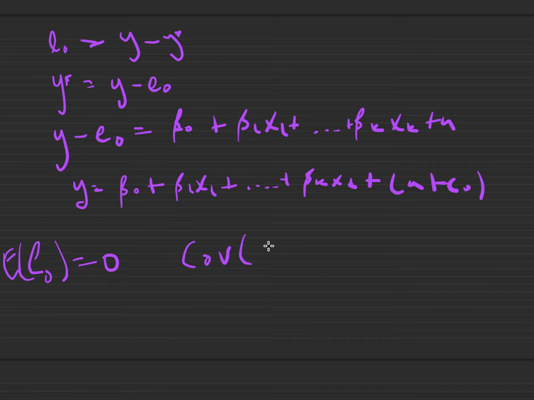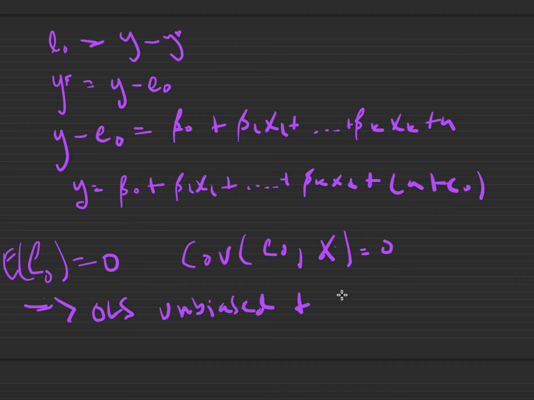So the covariance between e0 and x is 0. If this is true, then we have unbiased and consistent estimates. So these two things imply that OLS is unbiased and consistent, and our t and F stats are valid.